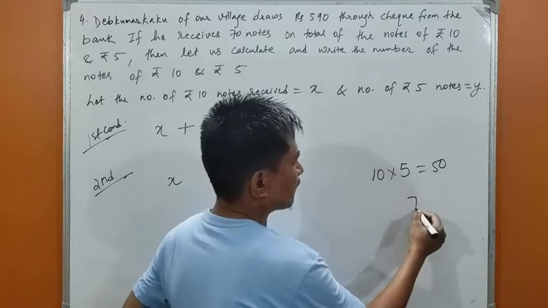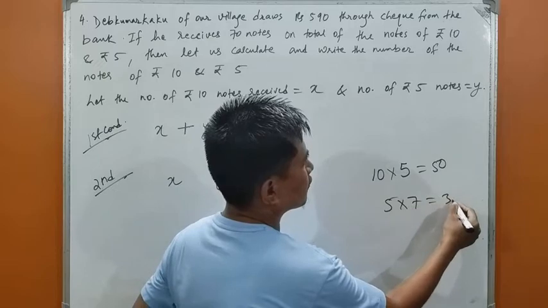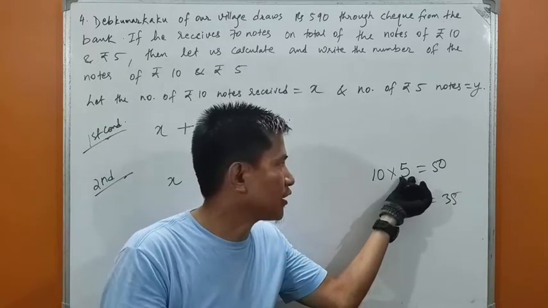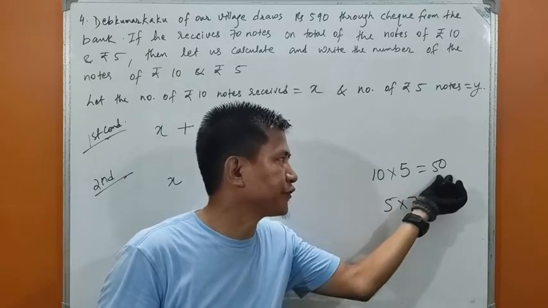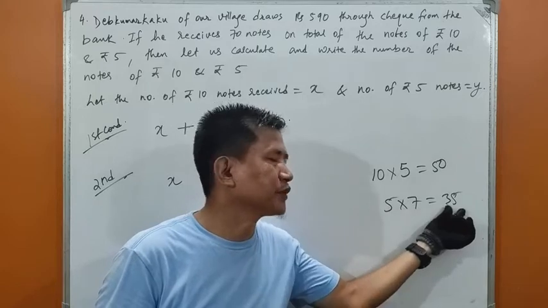If I have 7 number of 5 rupee notes, it means 5 into 7, that is 35 rupees, isn't it? Are you getting me?